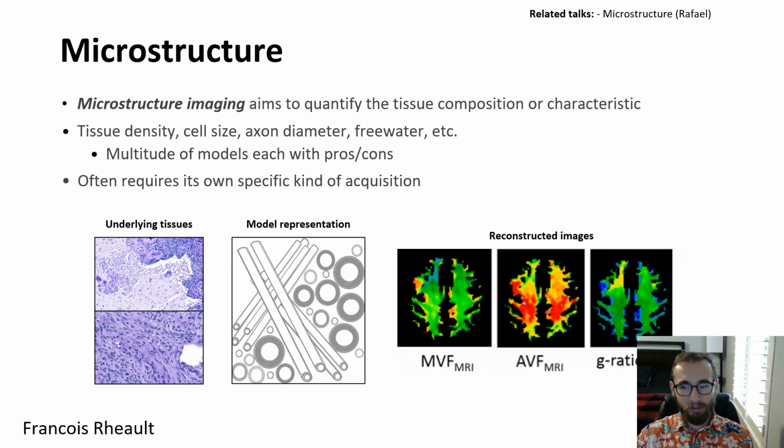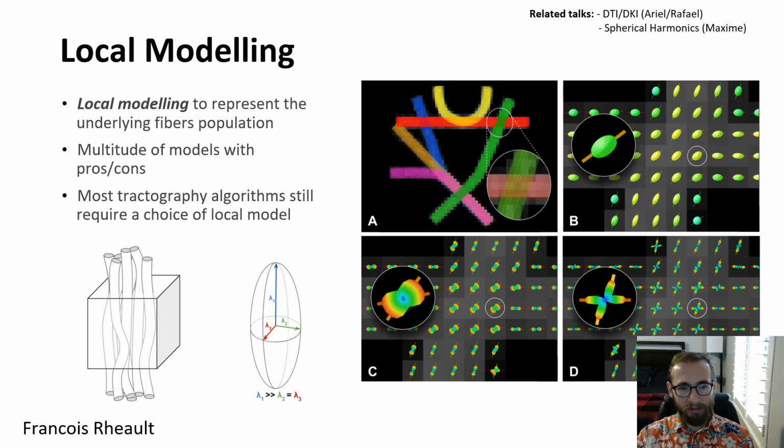Another approach is the line of tractography, which takes a lot more steps to get to. So if you want to take this approach, local tractography, one of the first things you have to decide is how you will represent the way fibers are oriented in the brain.